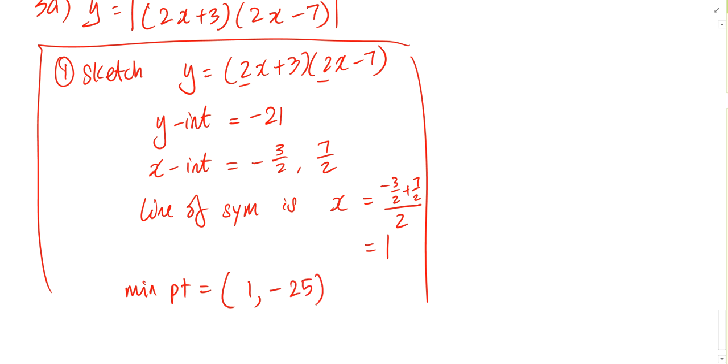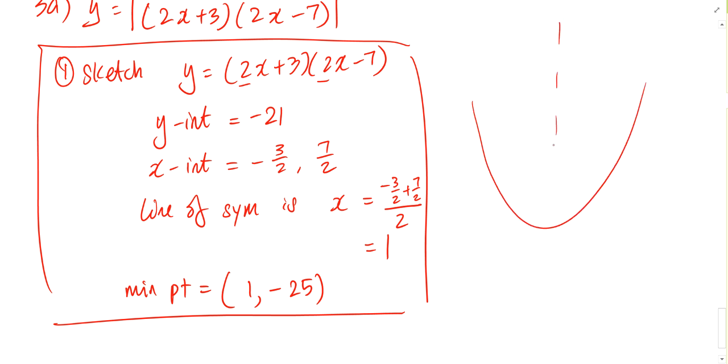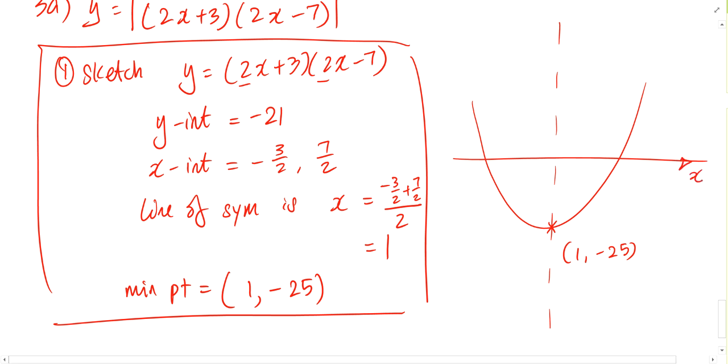With all this information, now I can sketch my parabola. It is opening upwards. It has a minimum point over here of (1, -25). So that means it must look something like this. This is my x-axis. Then the y-axis over here.